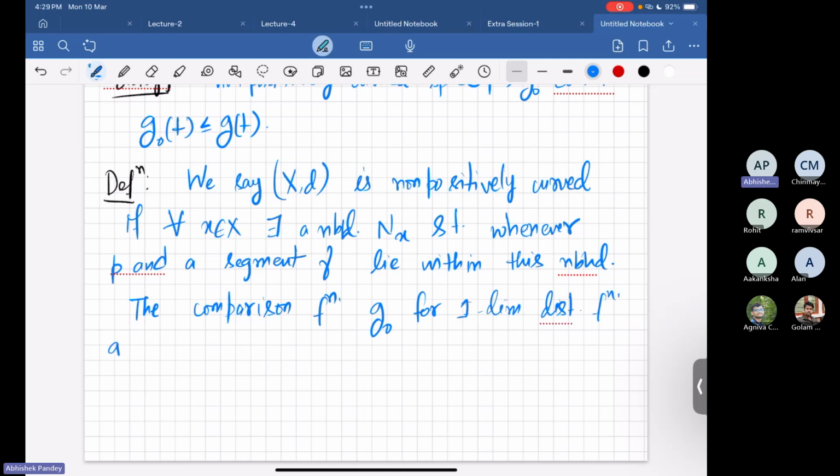What is that one-dimensional distance function? It is nothing but g of t, which is d of p comma gamma of t.